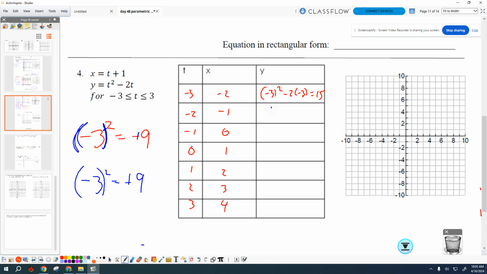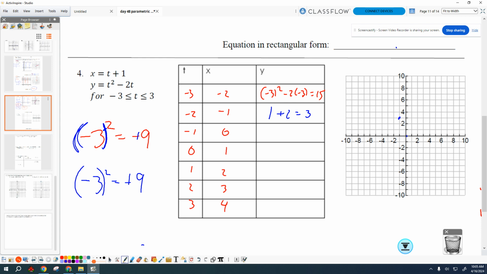-1 squared is +1. -1 times -2 is +2. So this is 3. 1 plus 2 is 3. Nick, what coordinate did you get when time was -1 for this? 0, 1.